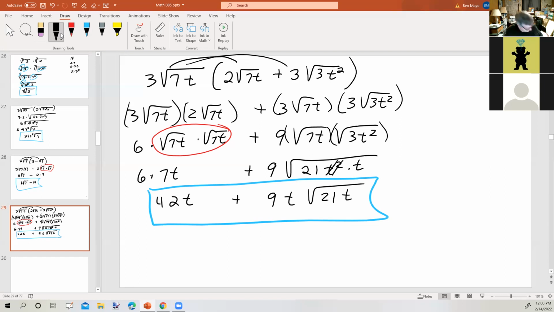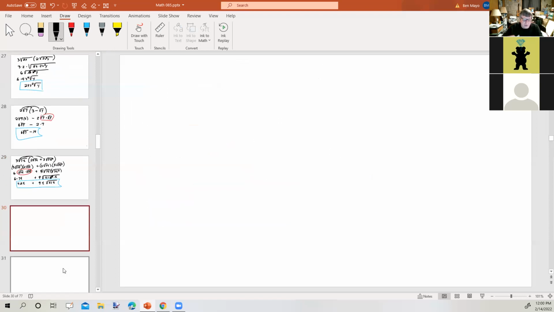Any questions there? Okay. Now we're going to FOIL some radical expressions because there'll be 2 terms times 2 terms. Again, all variables represent positive real numbers.